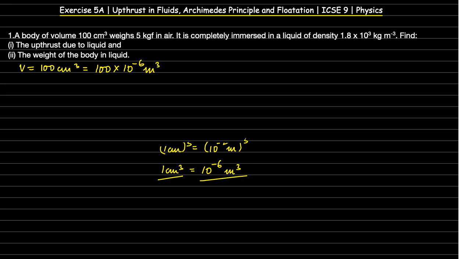Now 100 can be written as 10 to the power of plus 2 into 10 to the power of minus 6. Since bases are equal, powers will be added. So we get 10 to the power of 2 minus 6, that gives us 10 to the power of minus 4 meter cube. So we have got volume as 10 to the power of minus 4 meter cube.